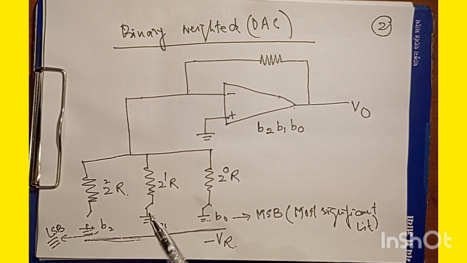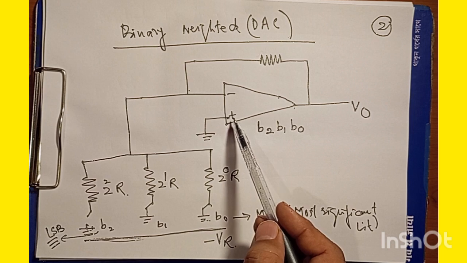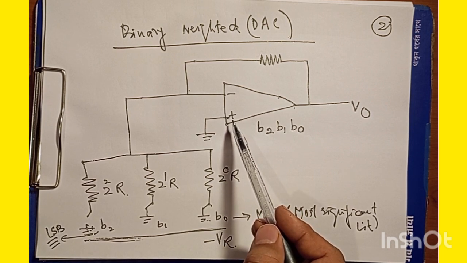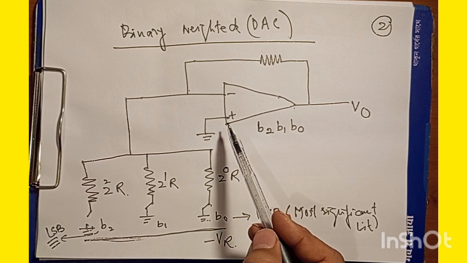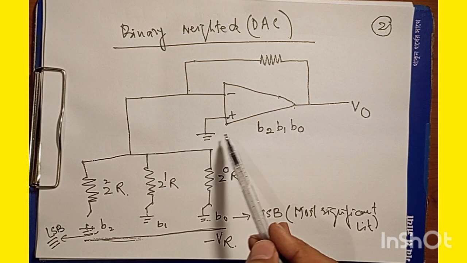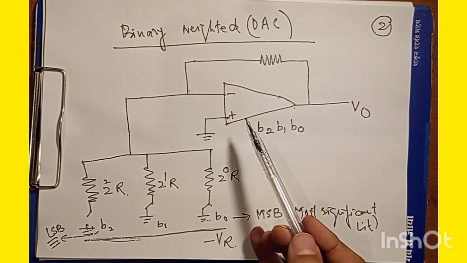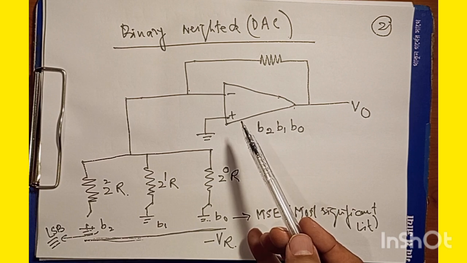Now, in this given circuit, the non-inverting input terminal of an operational amplifier is connected to the ground. That means 0 volt is applied at this non-inverting input terminal. So now we can think in terms of the virtual ground.